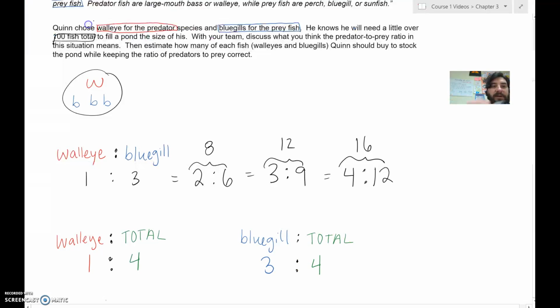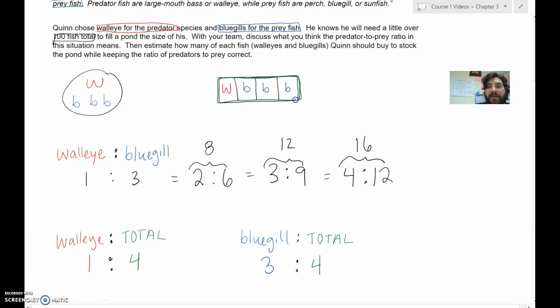That's also how I wanted to draw this. So here are our total fish. This is our pond. This is all the fish that we need. I know that 1 of them is going to be a walleye, and I know that 3 of them are going to be bluegills. So in total there are 4 fish, or 4 parts fish.